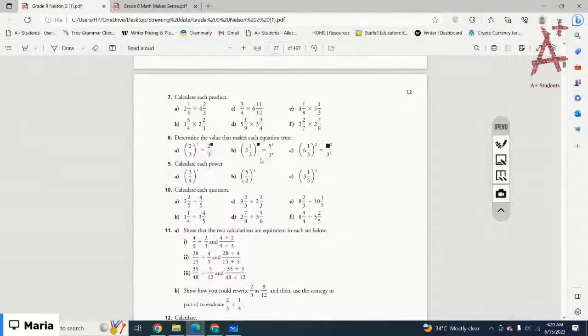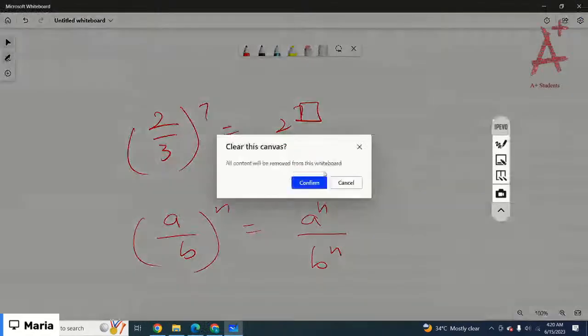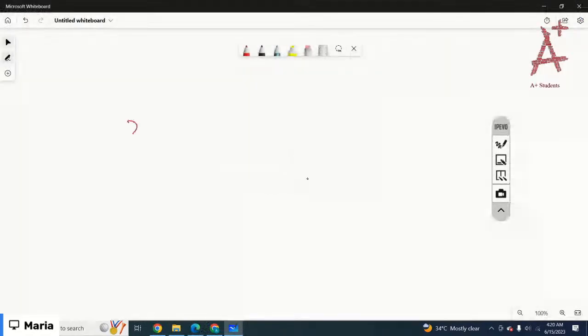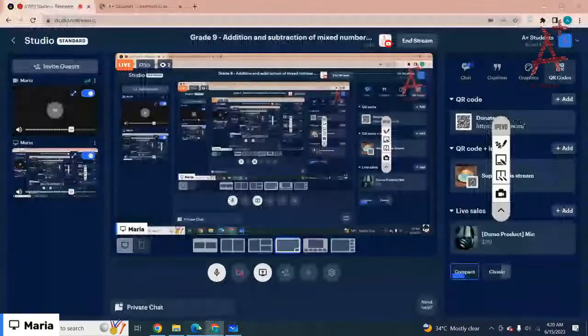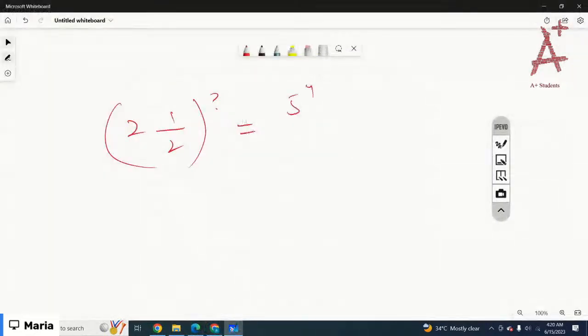Same thing here, it will be 2 whole 1 over 2 with a missing exponent. And here you have 5 exponent 4 divided by 2 exponent 4.